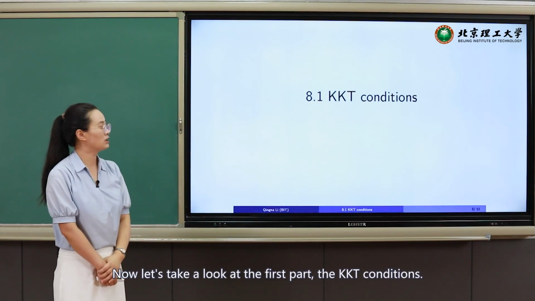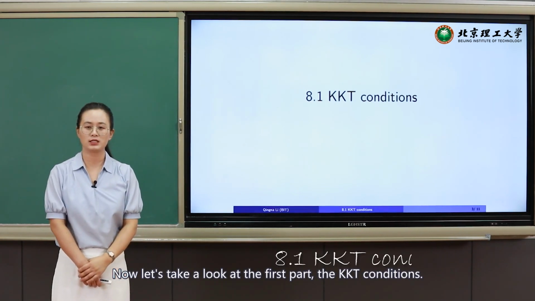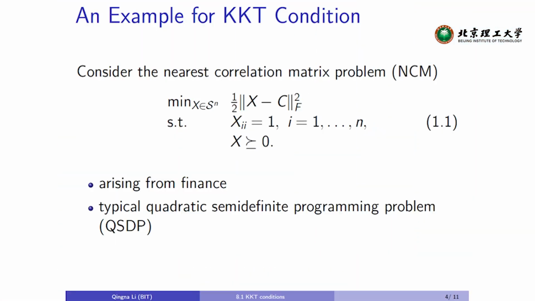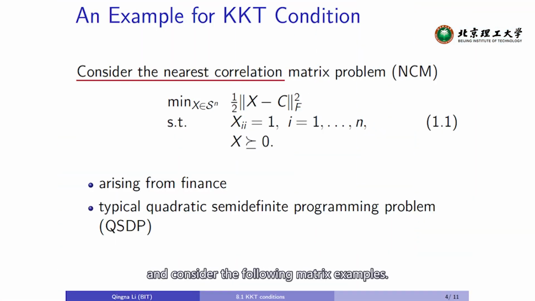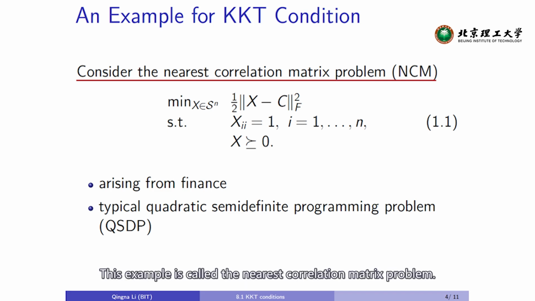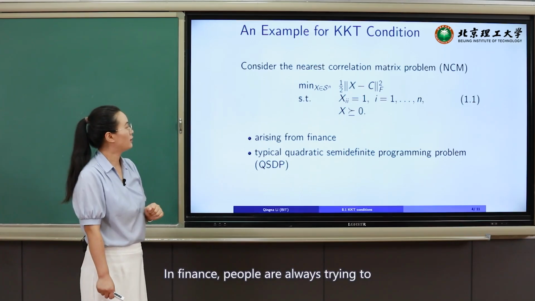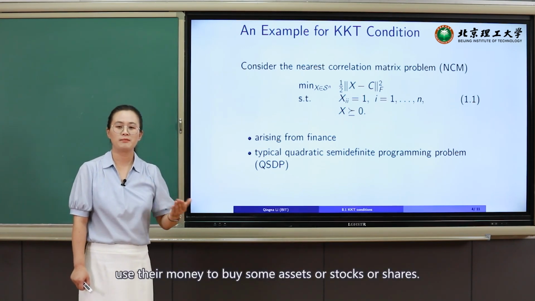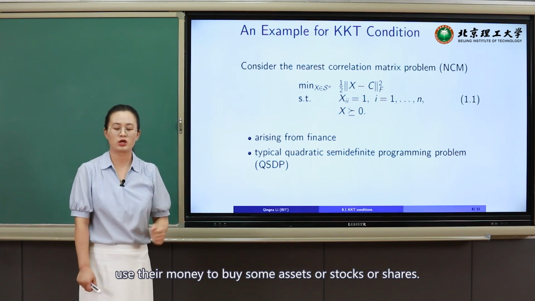Now, let's take a look at the first part, the KKT conditions. Let's begin with an example and consider the following matrix example. This example is called the nearest correlation matrix problem. In finance, people are always trying to use their money to buy assets or stocks or shares.